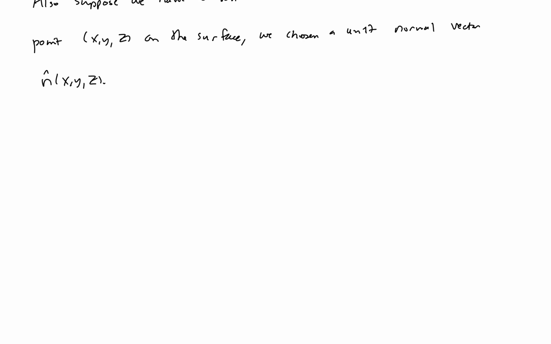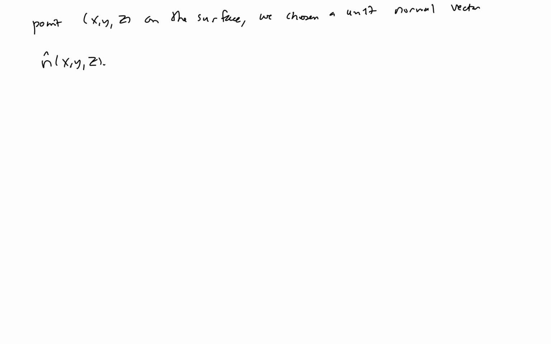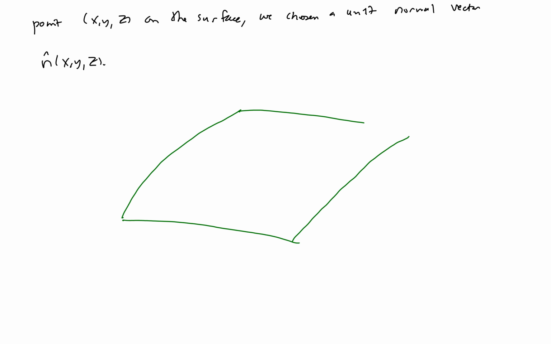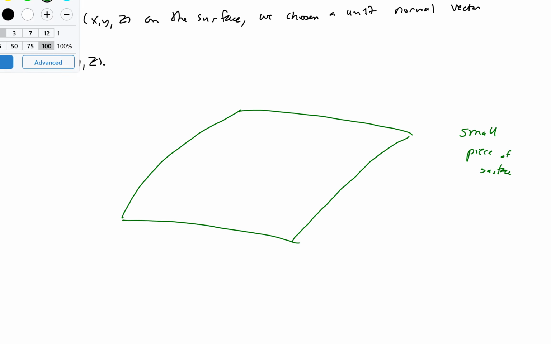So let's suppose once again we take a small piece of our surface. Let's say this is a small piece of the surface. And let's suppose this is given by some vectors. Since we have a parameterization, we have vectors giving this surface.